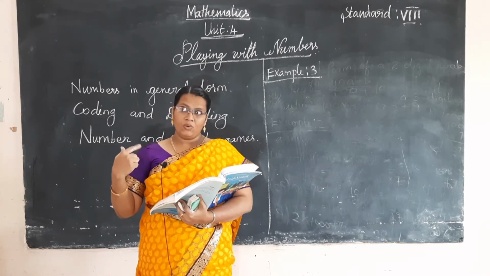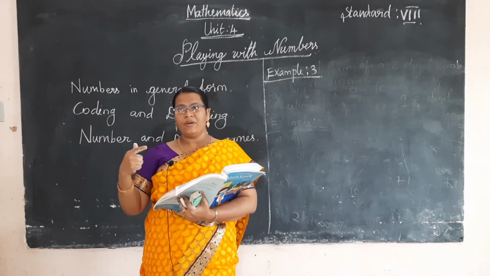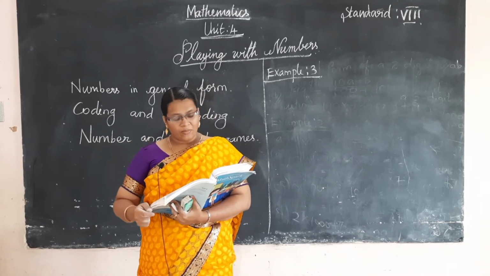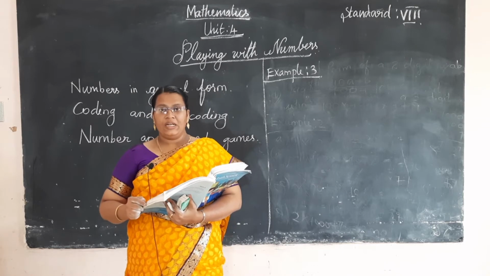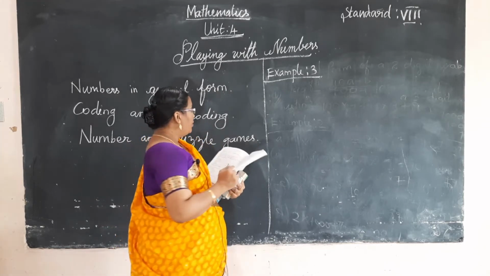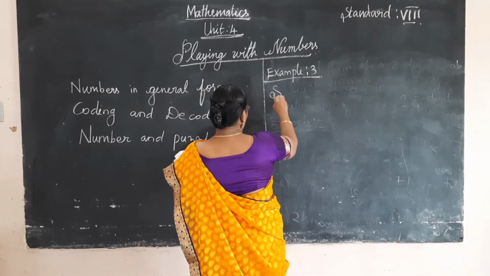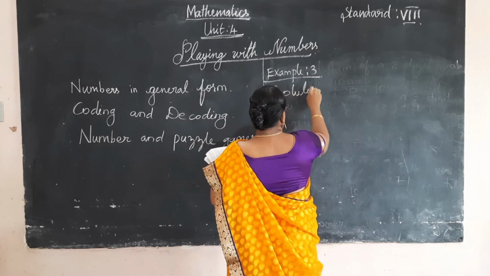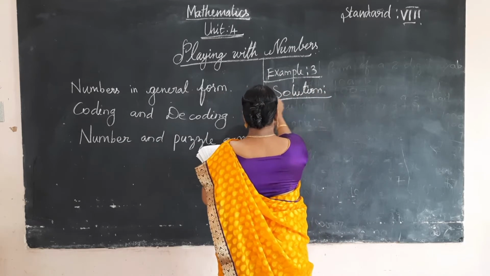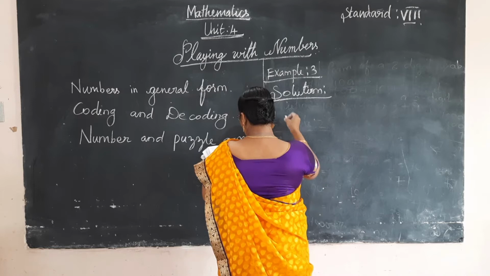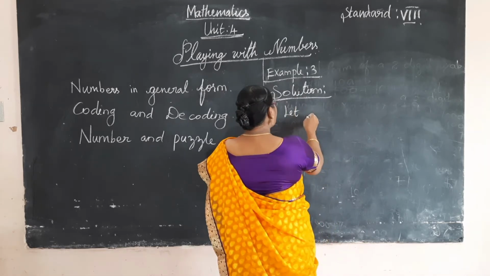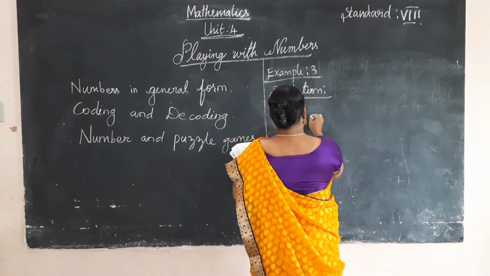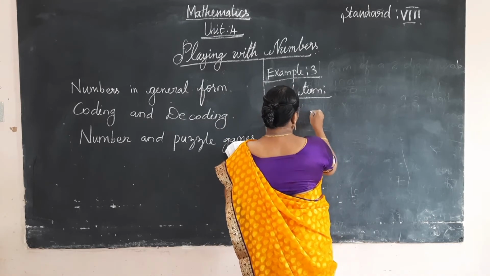More than the original number means the new number is 36 greater. So what is the original number? How do you write it?